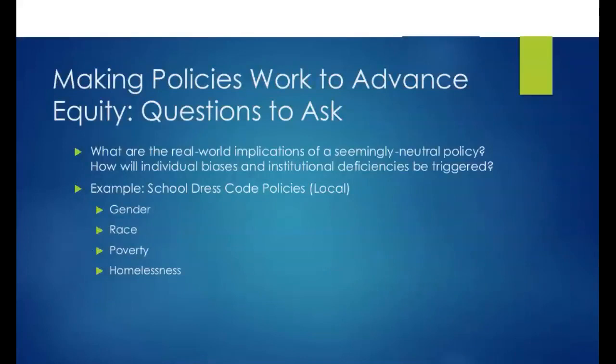So the example I'll give is school district dress code policies. And this is often a local issue. I'll give an example of a school district in Central Texas that had a dress code policy that's similar to many across the country, that included things like no spaghetti straps, no red and blue colors.